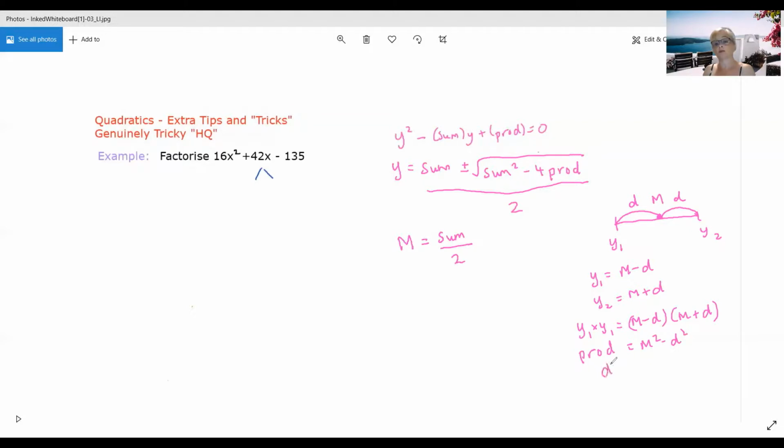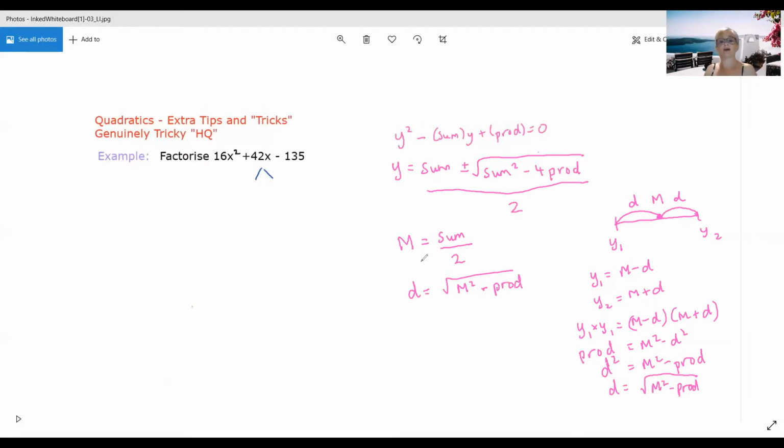So to work out what d is, d squared is m squared minus your product. Because we're going to be adding it and subtracting it, it's perfectly reasonable just to take the positive square root here. So our little d is the square root of m squared minus your product.